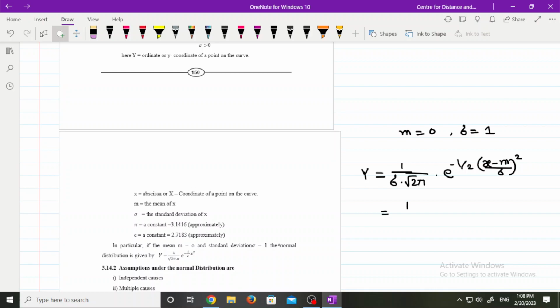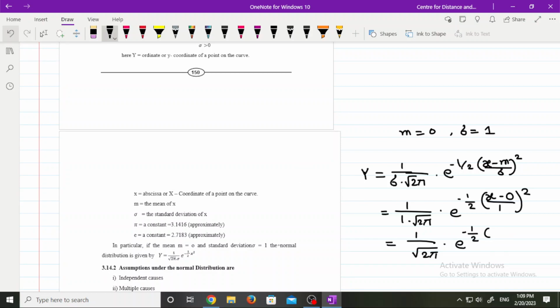Then this becomes 1 upon 1 into under root 2 pi into e raised to minus 1 by 2 into (x minus 0 divided by 1) whole square, which is equal to 1 upon under root 2 pi into e raised to minus 1 by 2 x square.